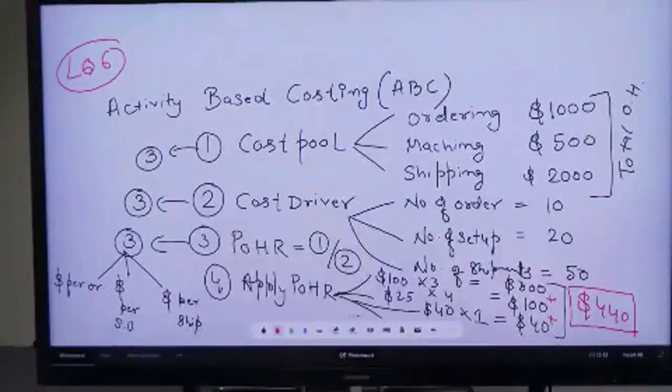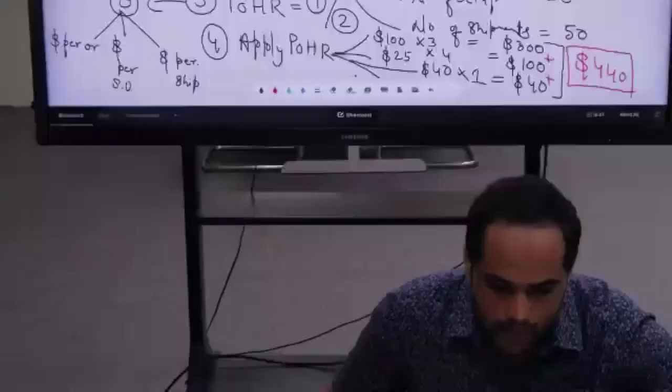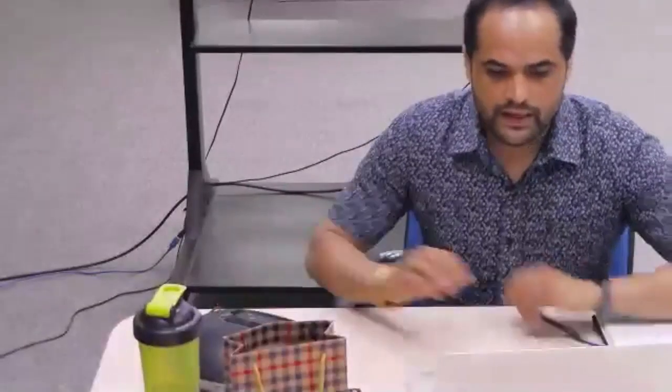So now I show you the calculations. The calculation you have to do at home, as your homework. In your homework, try to allocate using traditional costing and activity-based costing.